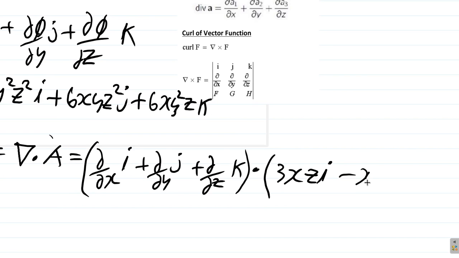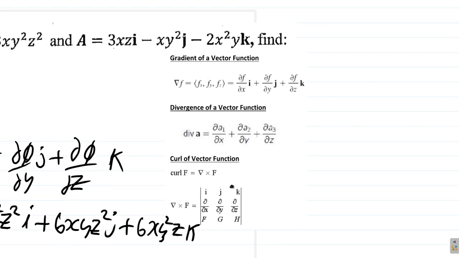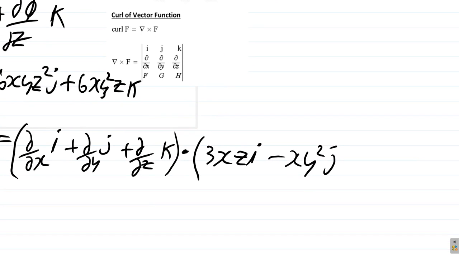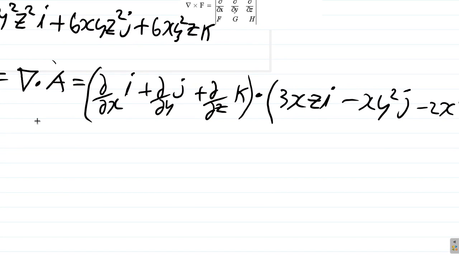So it's minus xy squared j minus 2x squared y k. Alright. So the divergence is going to give you a scalar, because of that dot product, right?